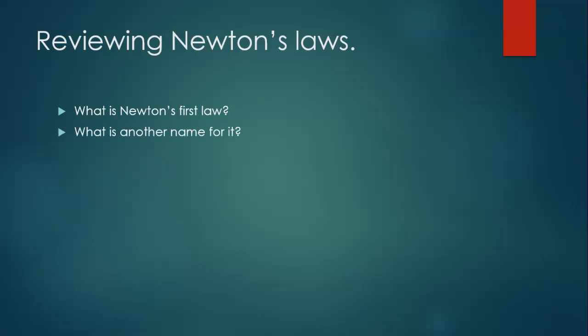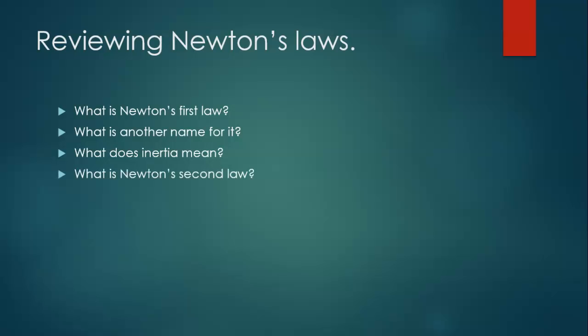Newton's first law: an object at rest stays at rest, an object in motion stays in motion in a straight line and at a constant speed unless acted on by an unbalanced force. What is another name for it? That's right, the law of inertia. What is inertia? Well, it's the tendency of an object to continue in the motion that it's in.